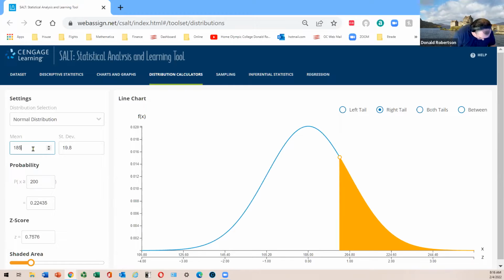2016 is coming up now. The mean had increased to 196, and the standard deviation was 30.8.